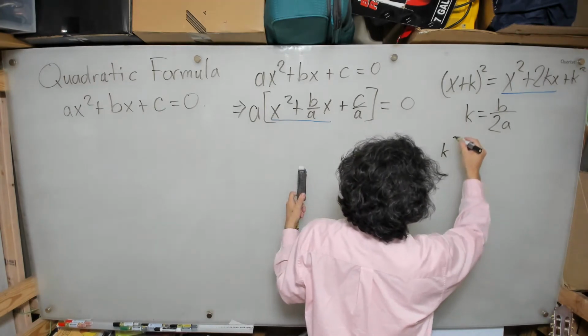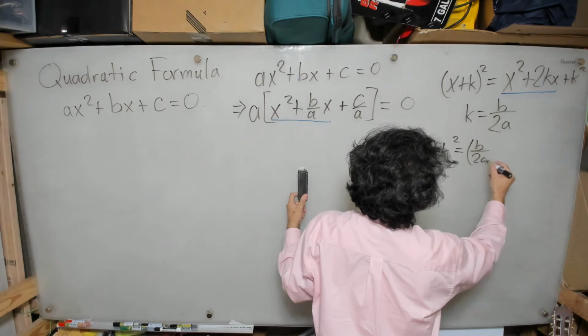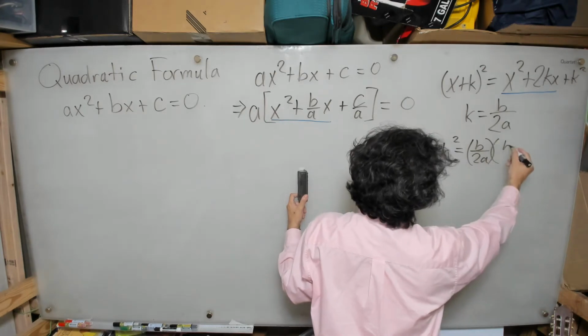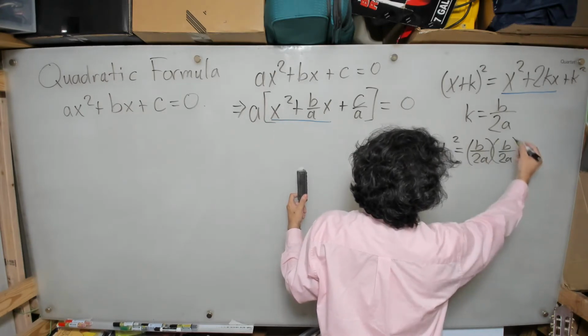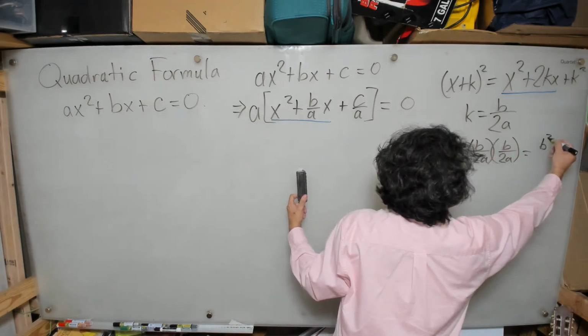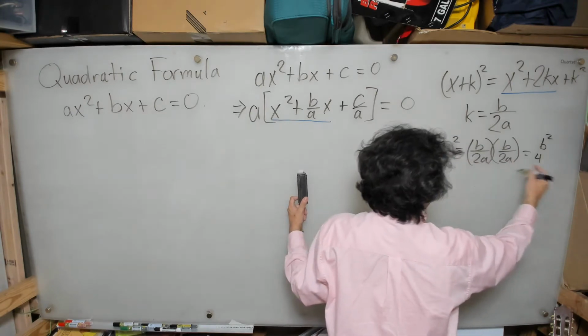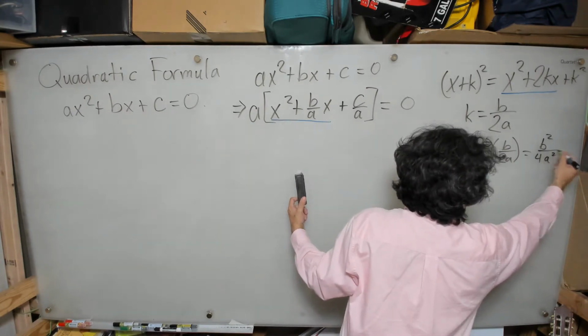So my k squared is going to be b over 2a times b over 2a. We know that b times b will be b squared. We know that 2 times 2 will be 4, and a times a will be a squared.